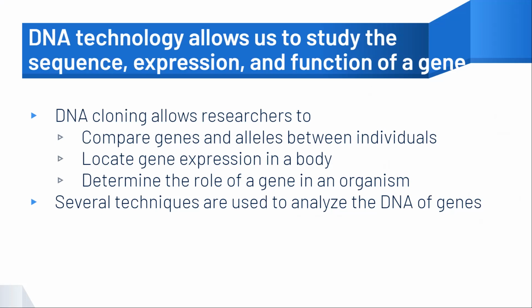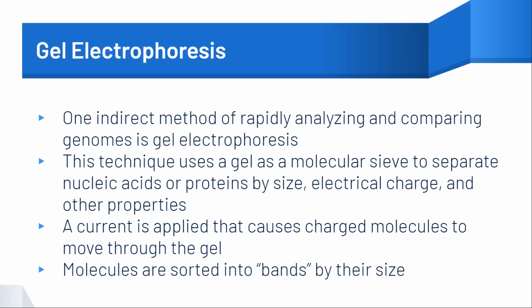It allows us to study the sequence of the DNA and gene expression and the functionality of the gene. And it is a machine that basically separates the pieces of the DNA by size. So gel electrophoresis lets us analyze and study the DNA.